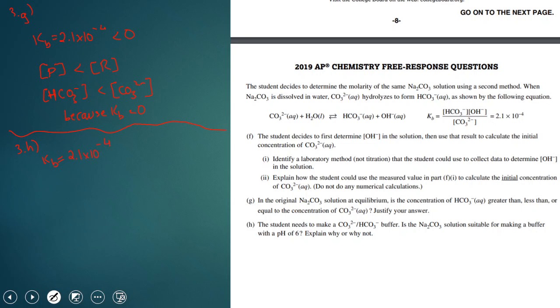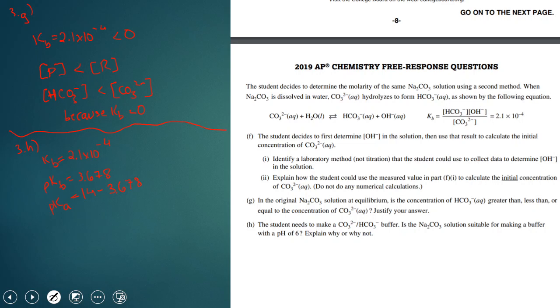Remember, when we're working with buffers, if you think back to the Henderson-Hasselbalch equation, we consider pKa and pKb, right? So I'm going to calculate my pKb value here. We take the negative log of 2.1 times 10 to the power of negative 4. I get 3.678, if I round. And so the resultant pKa is equal to 14 minus 3.678.